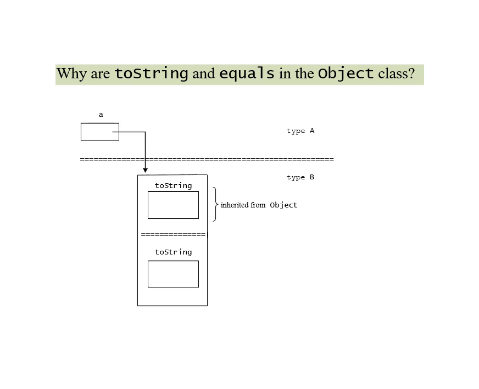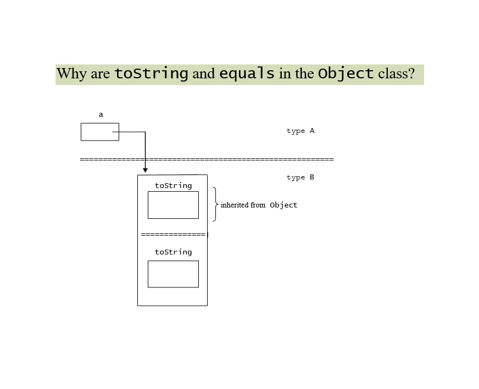And let's say the B object has a toString method, right? In the B class, you define your own toString, which you see there at the bottom. But it also inherits one from object.